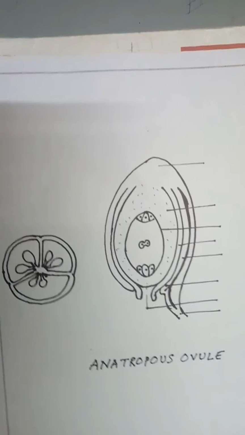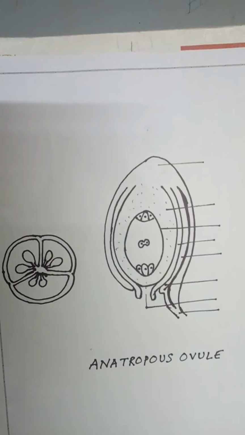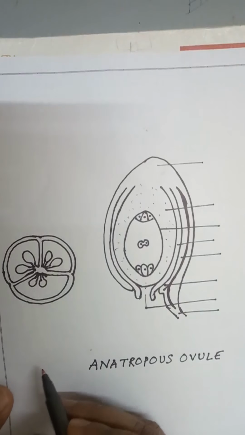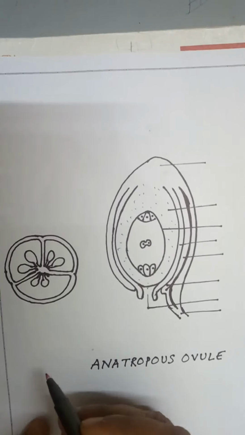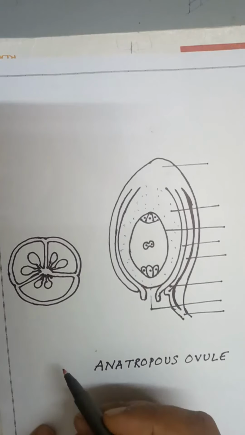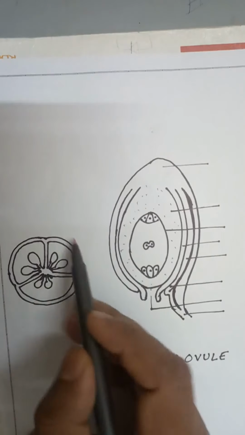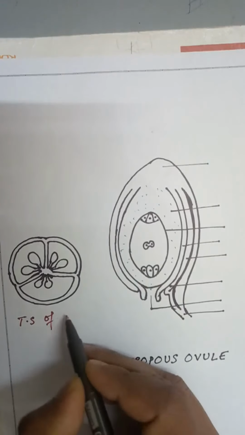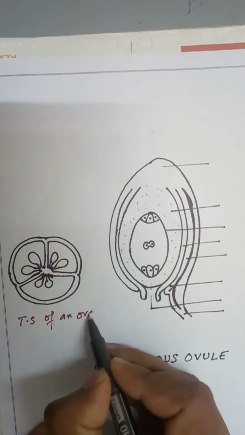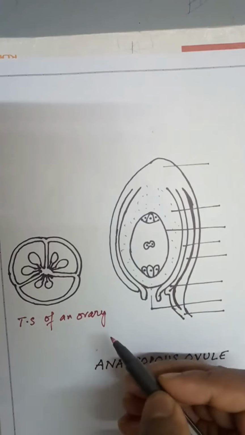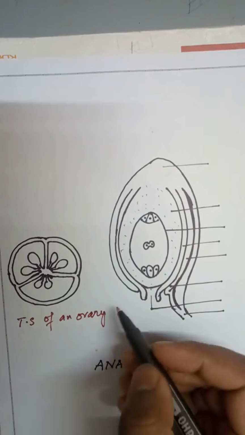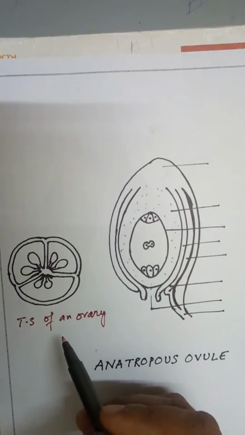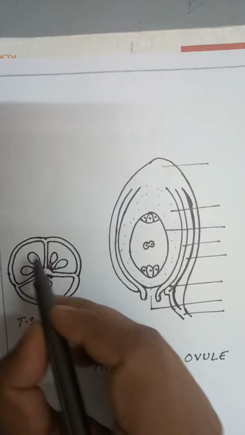Now before that, students, let me tell you one thing. In a flower there is a structure called ovary, and if I make a transverse section of ovary, what do you find? You can find structures like this. So this is a TS, transverse section, of an ovary. Not all transverse sections will look like this. This is one example. Now when I made a transverse section of an ovary, you can find there are some chambers.